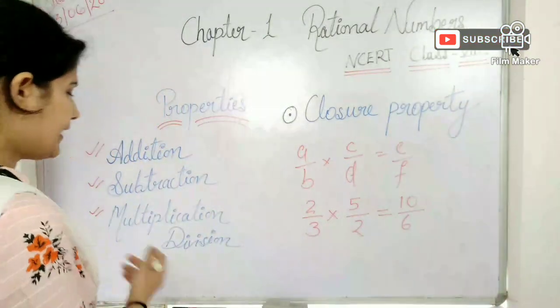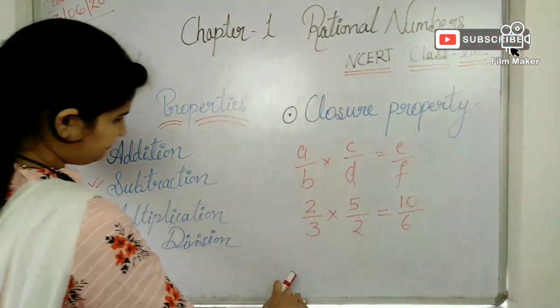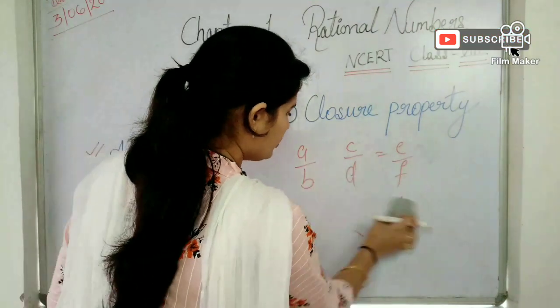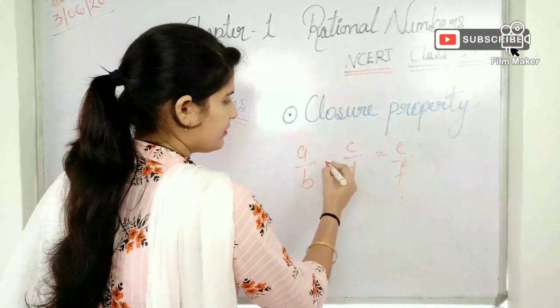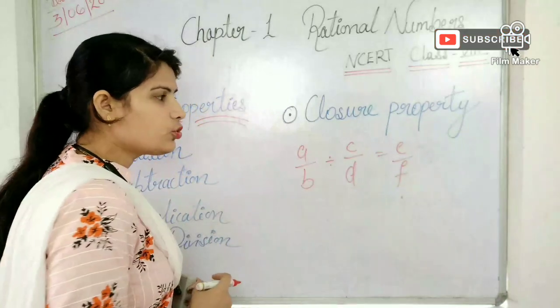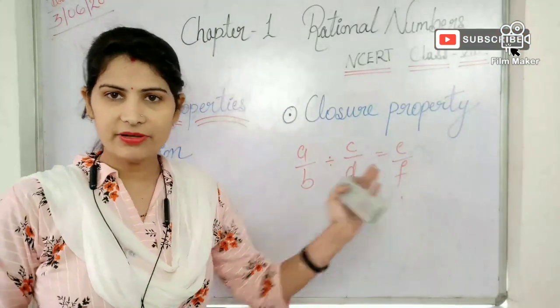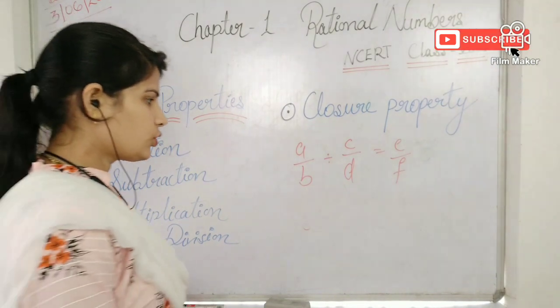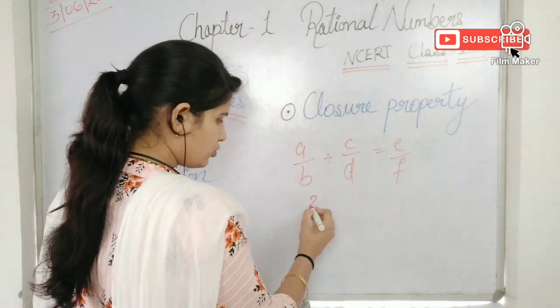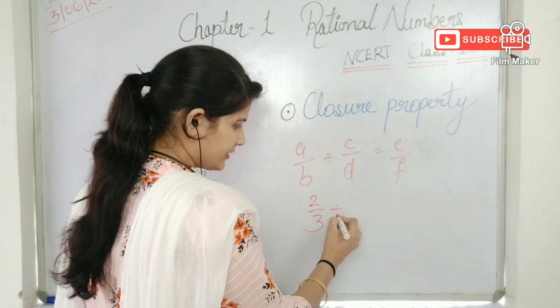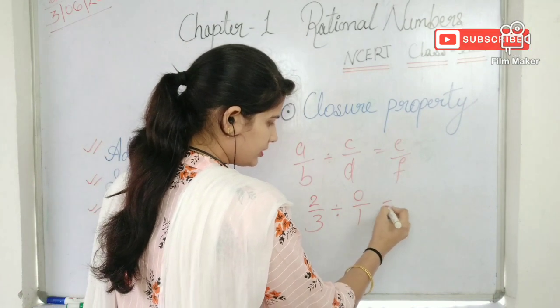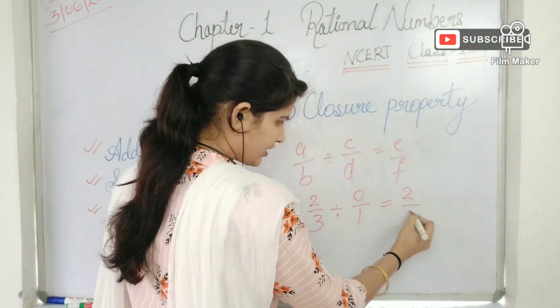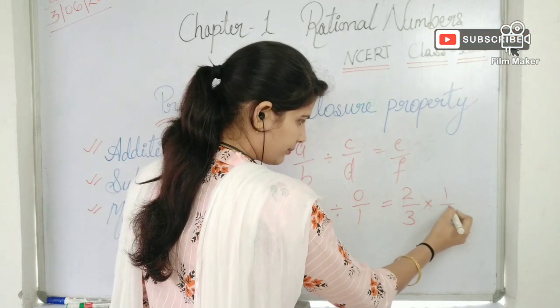Now, let us check division. When we divide 2 rational numbers, will the result be a rational number? Let's check. Let's take 2 upon 3 divided by 0 upon 1. So 2 upon 3 times 1 upon 0.